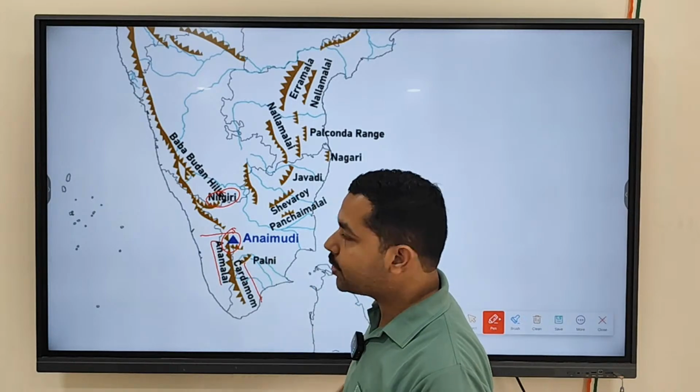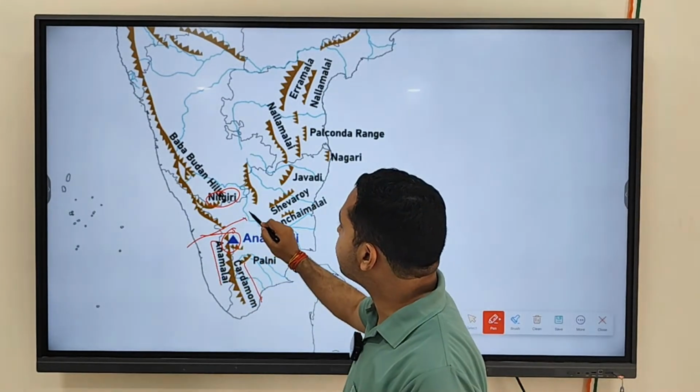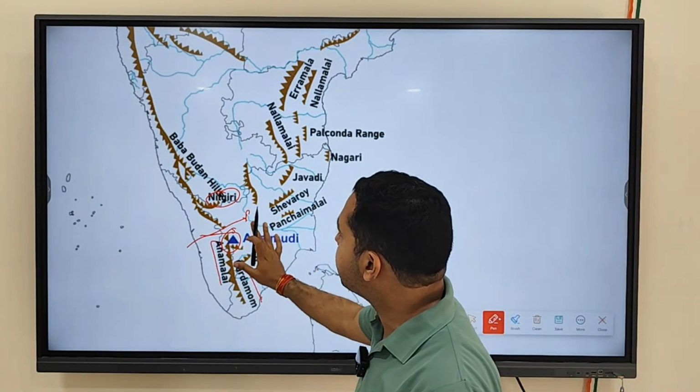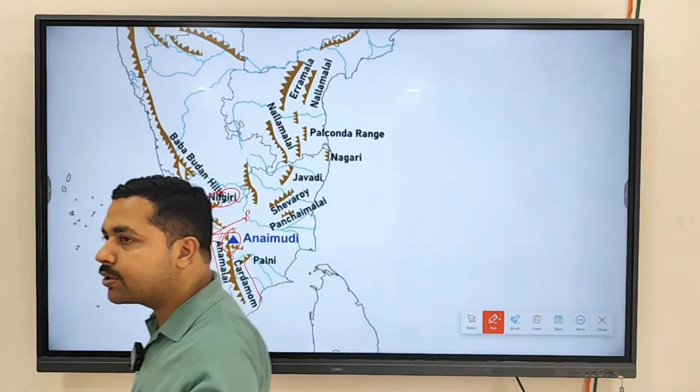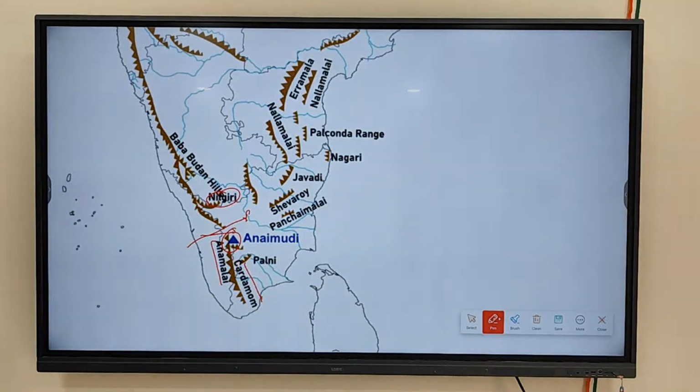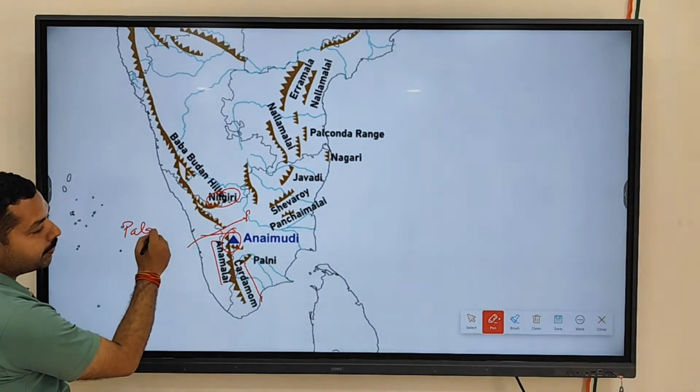So there is a gap existing between Nilgiri and Annamalai Hills. This allows the monsoonal wind to reach where? In the Bangalore region and other regions. Clear? This allows the monsoonal wind to pass through, because a gap has been created. Fine. Now this gap is referred to as which gap?